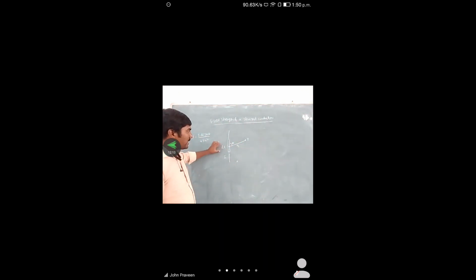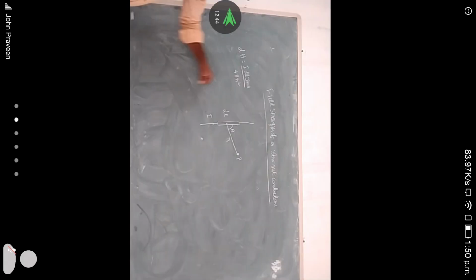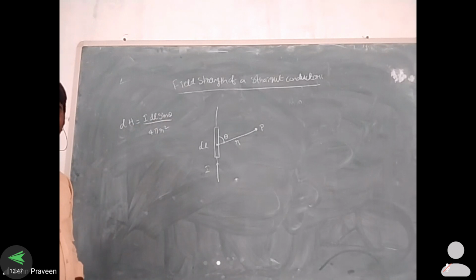We take a small conductor having length dl, with current I flowing through it, and we place a unit north pole at the location P. The distance between the center axis of the conductor and the point P we take as R. Already we know that the magnetic field strength of a conductor for a small portion, dH, is equal to I into dl sin theta by 4 pi r square, right?